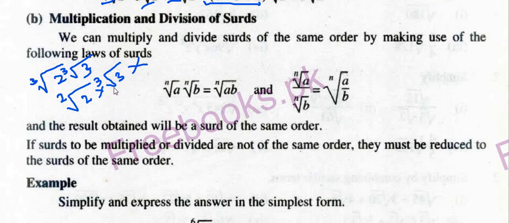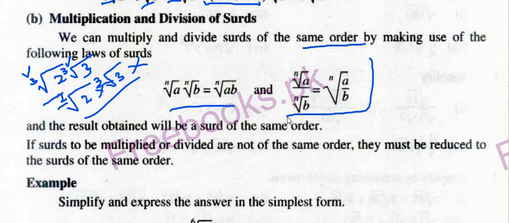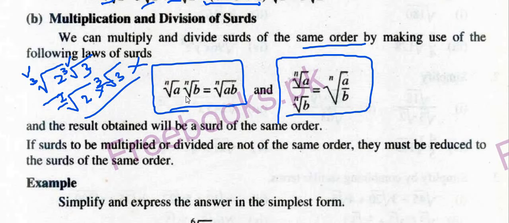This is not possible if the order of one surd is 3 and the other is 2. But if the order of this surd is 3 and this is also 3, we can simplify. Multiply and divide surds of the same order by using these two laws. Just remember these two laws. They will be used in our next examples. And the result obtained will be a surd of the same order.